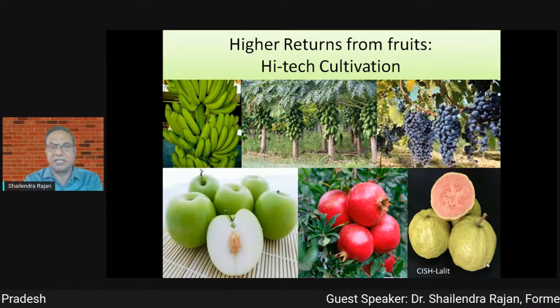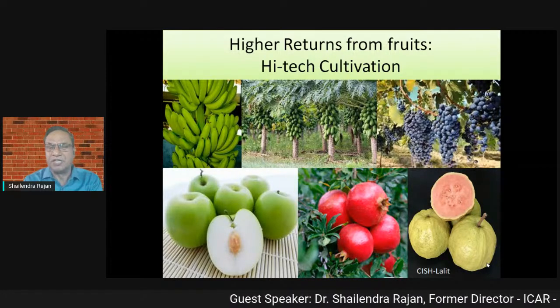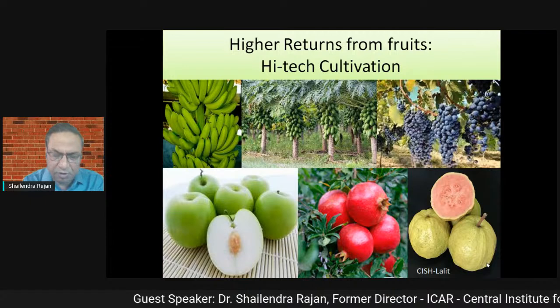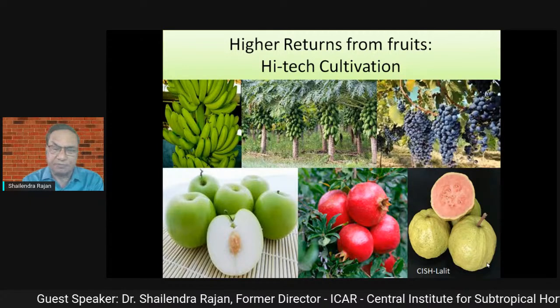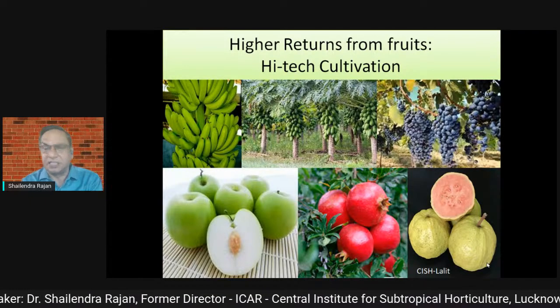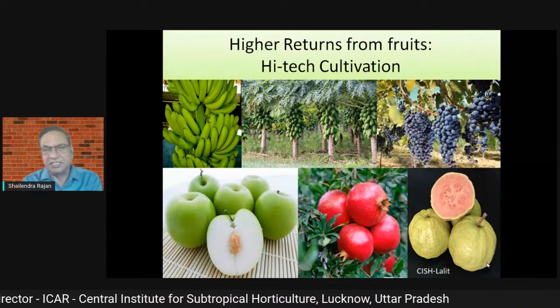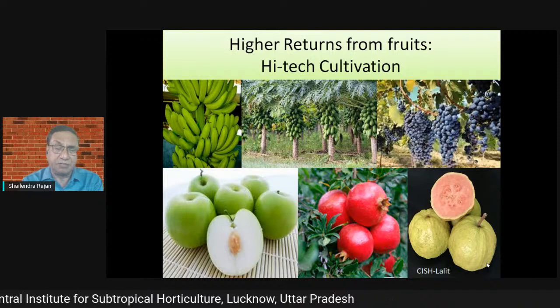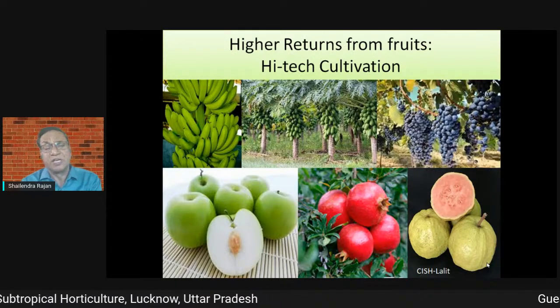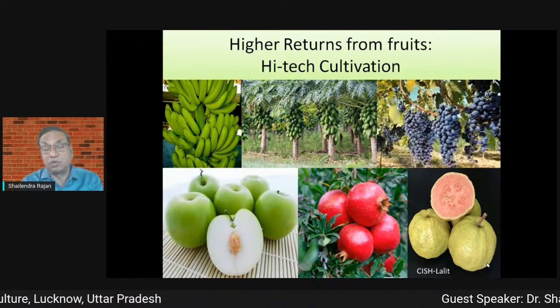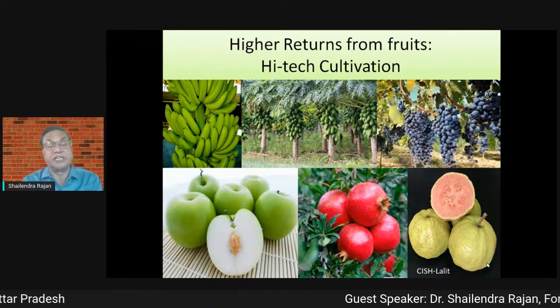Papaya was considered, and even today is, a crop of very high return. Grapes, everybody knows we are leading in exports, and the grape industry is coming up with a very great growth rate.